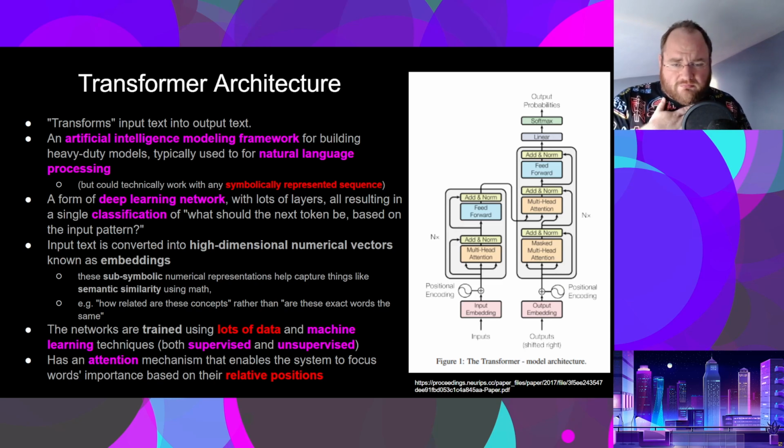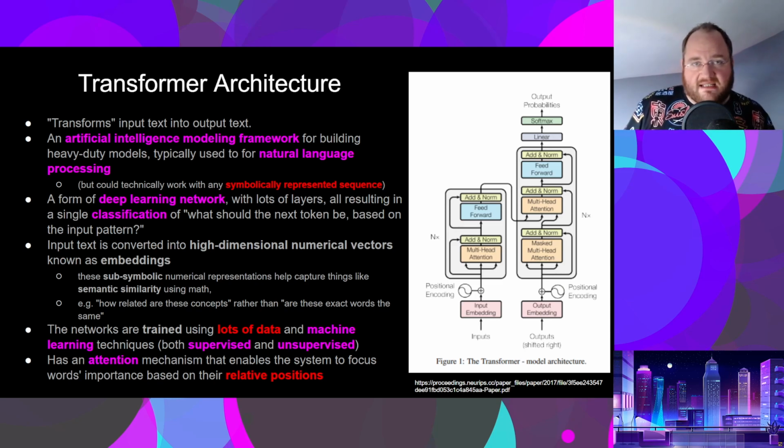So the input text in these systems, it doesn't just take text and then have some big lookup table. It gets converted into these high dimensional vectors called embeddings. Embeddings are not quite symbols, right? They're a big wad of math is a good way to think of it. But the idea is that it tries to help you capture the semantics of the words that are being input and not just the literal symbols, right?